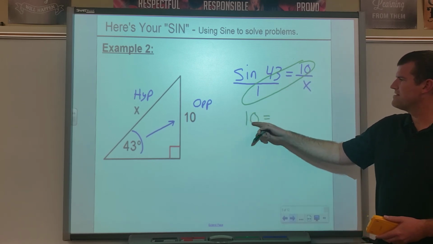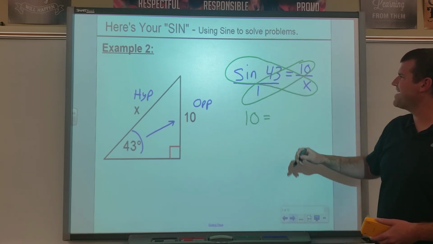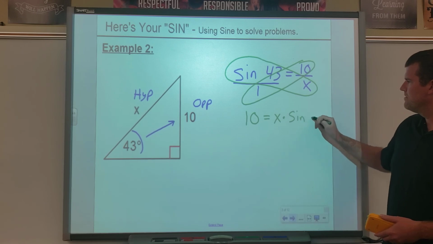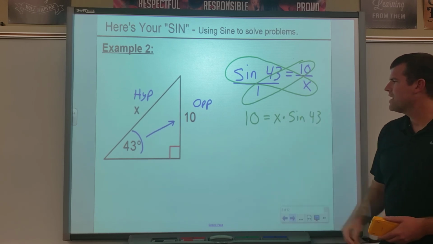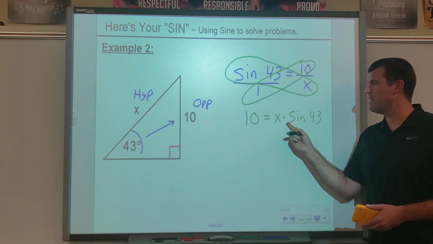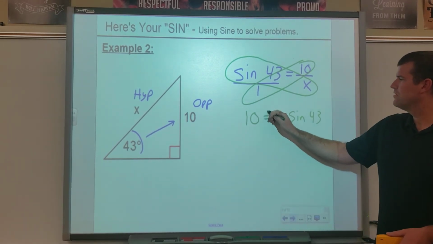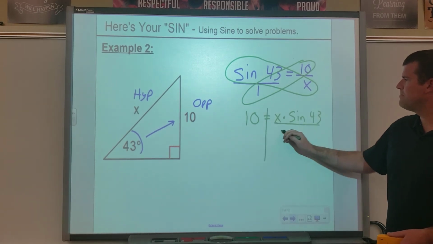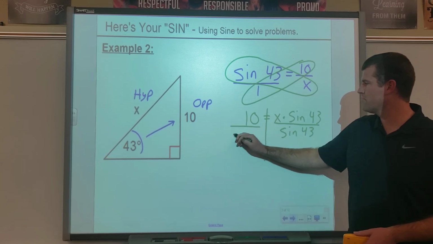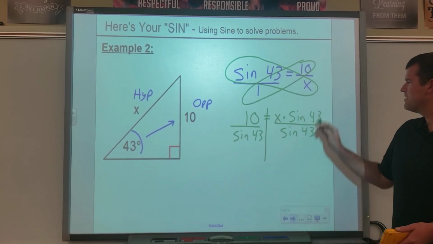10 times 1 is 10. And then sine 43 times x is x times sine 43. And at this point, we want to get the x by itself, but it is getting multiplied. So how do I get the x alone? We are going to divide by sine 43. Not 43, but the sine of 43 degrees.